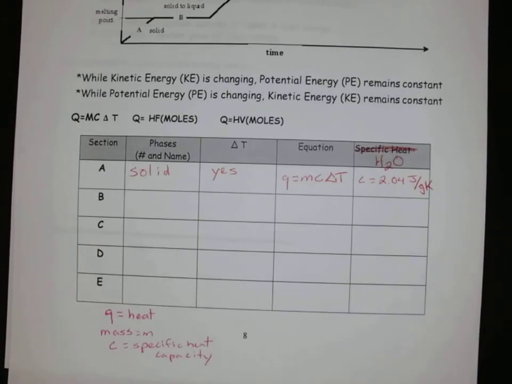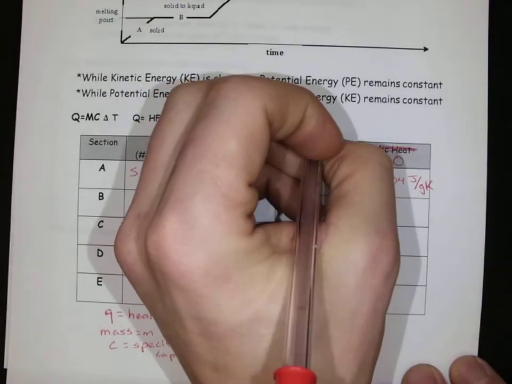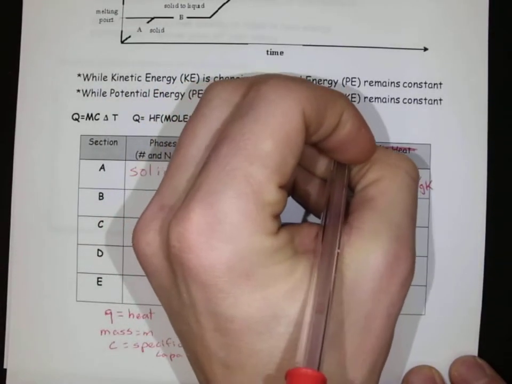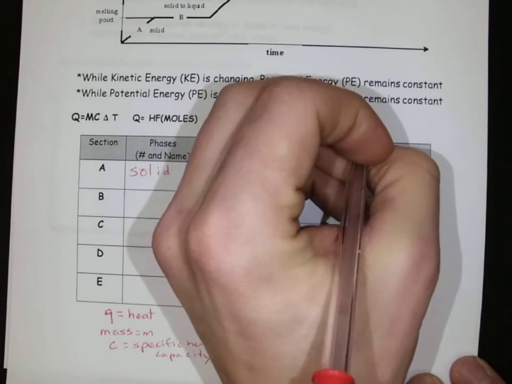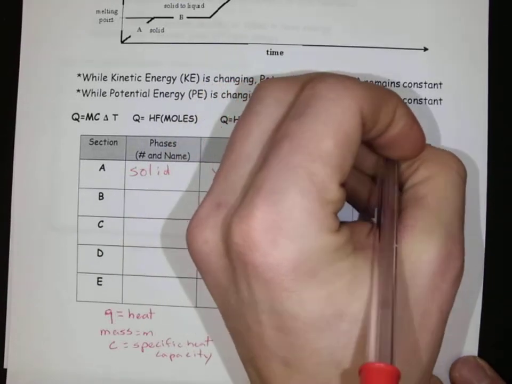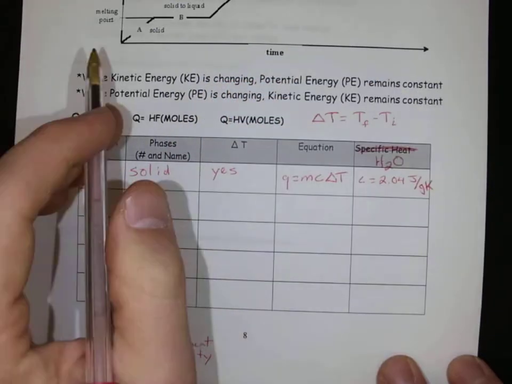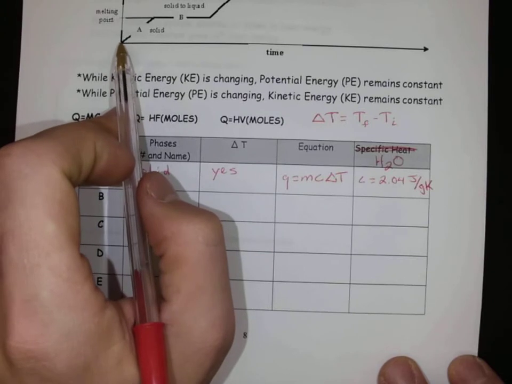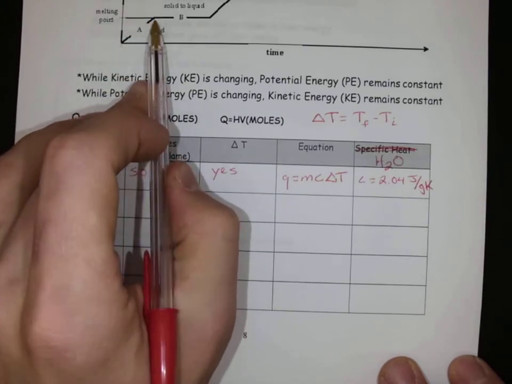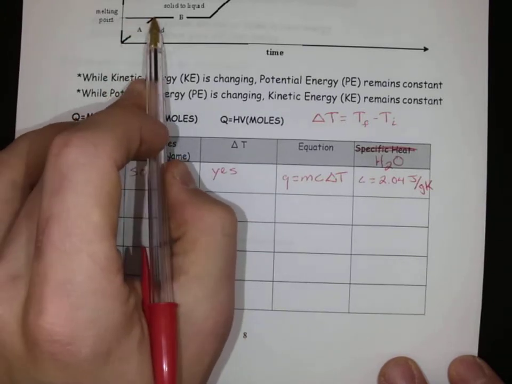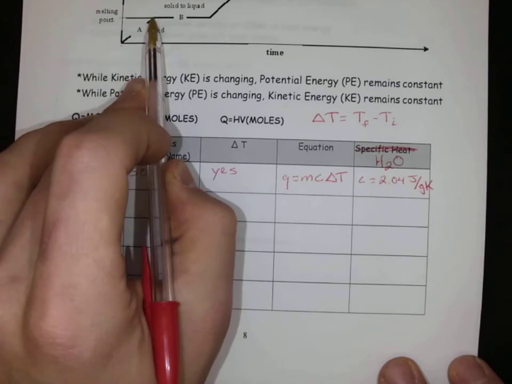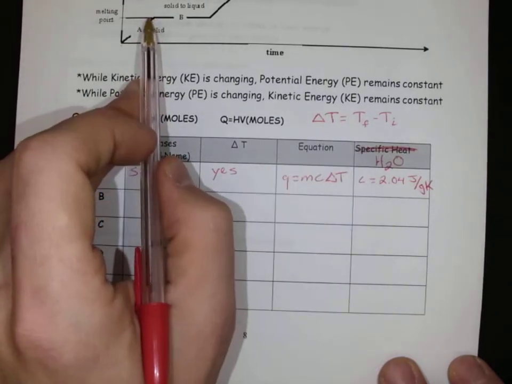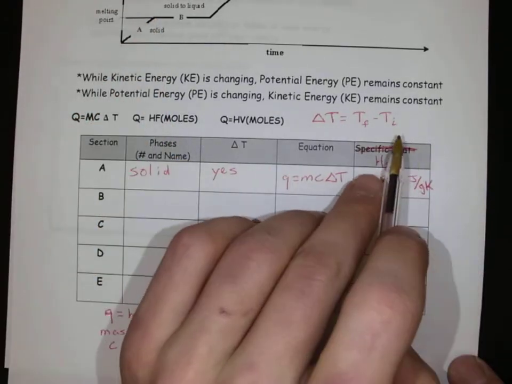So then let's make sure that we remember that delta T is equal to T final minus T initial. In this case, if we're starting at maybe minus 10 degrees and we're going to 0, that's our melting point for ice, our final is going to be 0, our initial was maybe minus 10, okay?